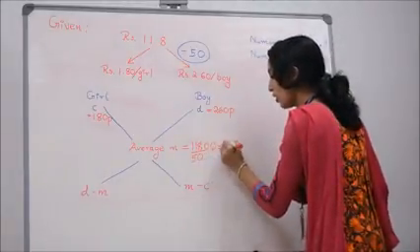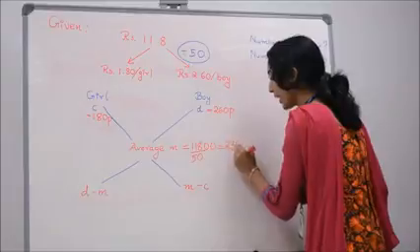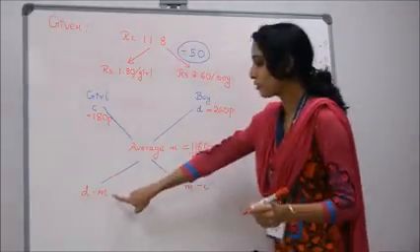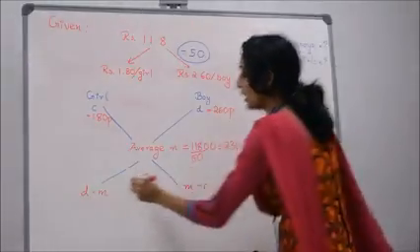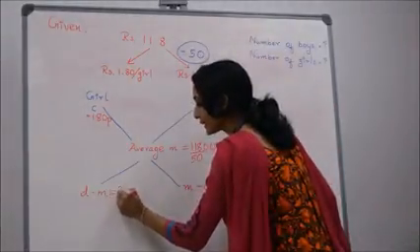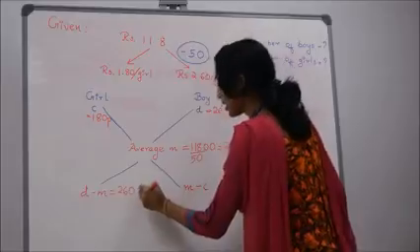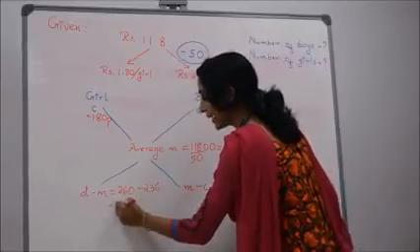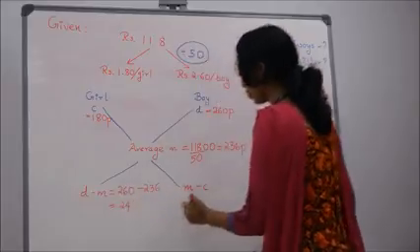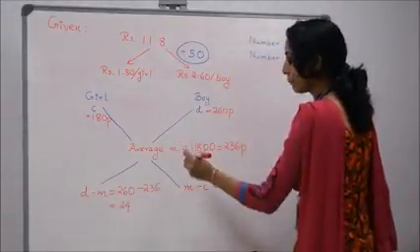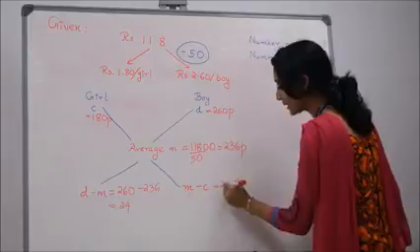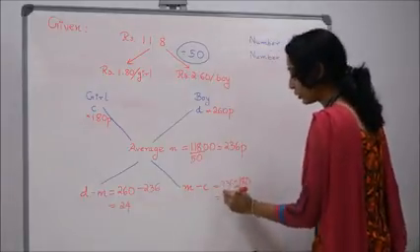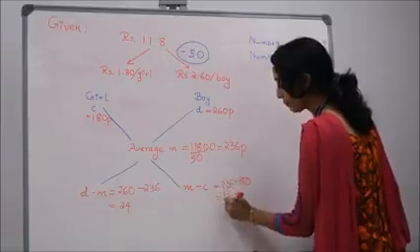So we write it as 236 paise, and we have to find D minus M. D is 260 minus M 236. So we get the answer as 24. And here M minus C is 236 minus 180, that is equal to 56.